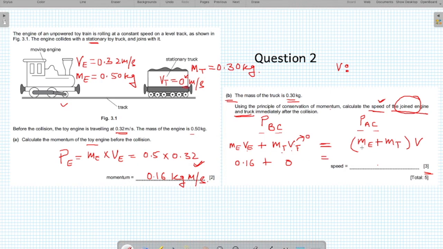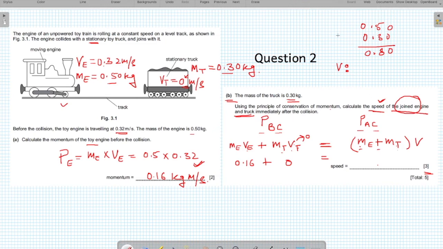This whole thing equals both the masses combined. So that means the mass is 0.5 plus 0.3, which is 0.8.